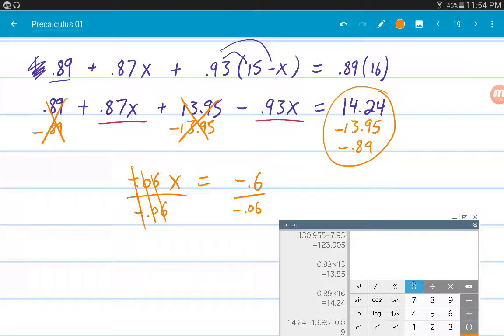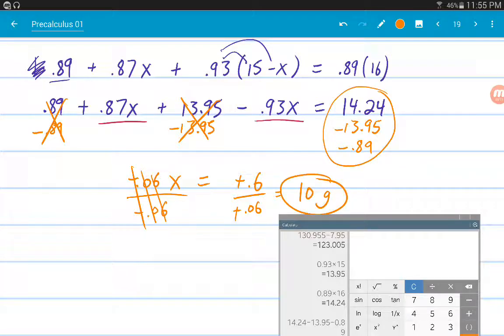And the negative and negative cross out. 0.6 over 0.06 is going to be the same as 60 over 6, which is... oh, no. 60 over 6 is going to be 10. Yeah. So 10 gallons. So that's x.